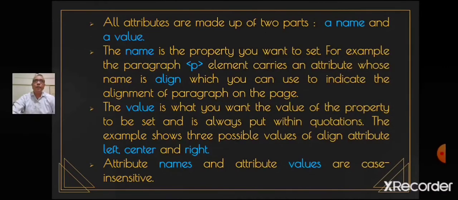The example shows three possible values of the align attribute: left, center and right. Attribute names and attribute values are case insensitive. This means it accepts both uppercase as well as lowercase.